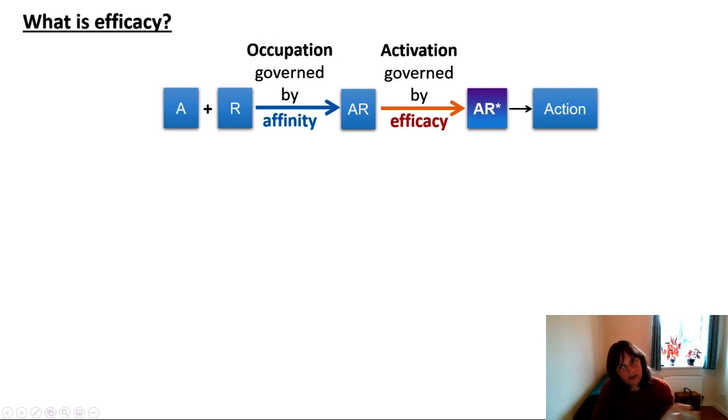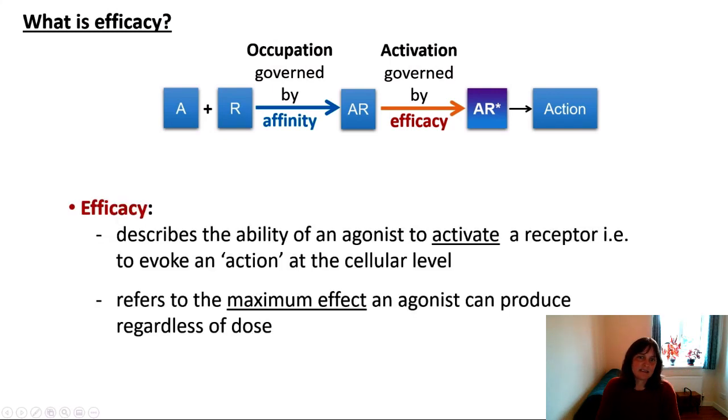If we look at that on this diagram, we can see that the binding of our agonist and our receptor to form the complex is governed by affinity. And then the ability of the agonist receptor complex to then activate and cause the cellular effects is governed by efficacy.